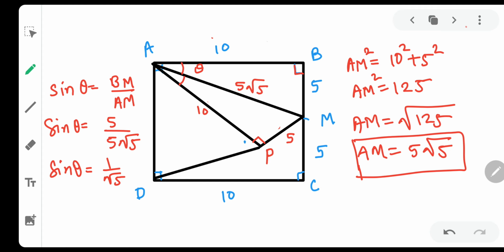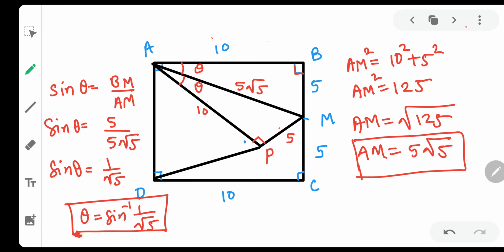So therefore I can say theta is nothing but sine inverse 1 upon root 5. Very very important value we have determined. Theta is sine inverse 1 upon root 5. Now there is one more thing, that this angle is also theta. So basically we have known these two angles.